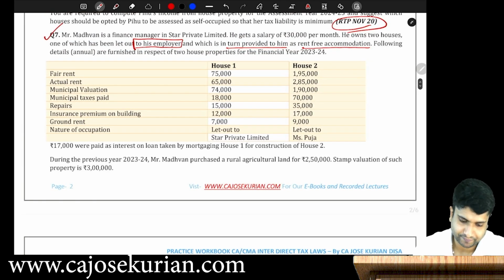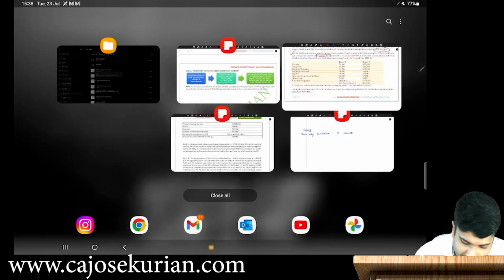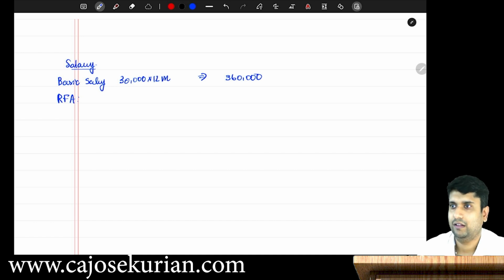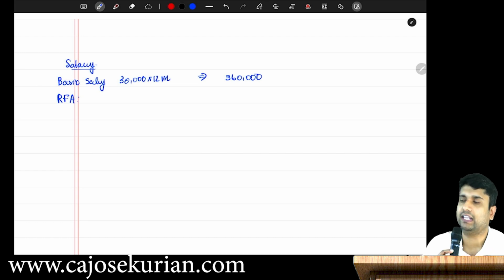Now you tell me, first of all, let's compute the rent-free accommodation. So RFA. How do you compute rent-free accommodation? It depends upon the type of employee you are. You are not a government employee, so don't even think about license fee.